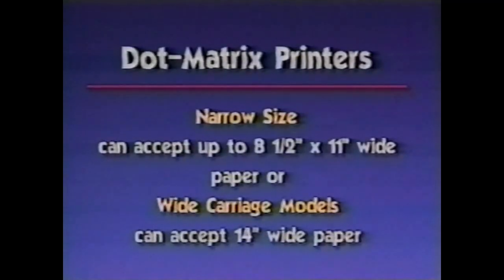Dot matrix printers can be found in 2 sizes, those that can handle 8.5-inch wide paper, and those that can handle 14-inch wide paper, which is often used for accounting or other office purposes. Naturally, smaller widths, such as labels, can be used with either size printer.